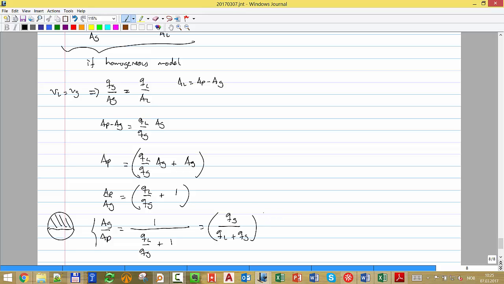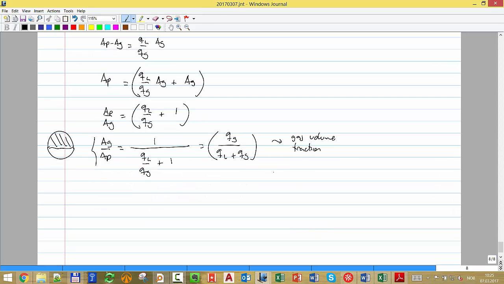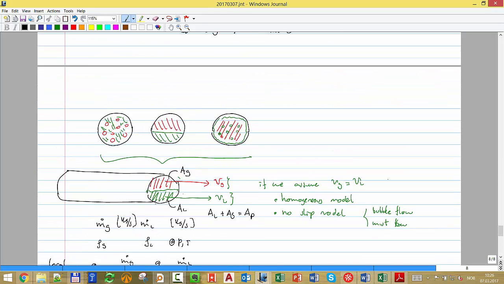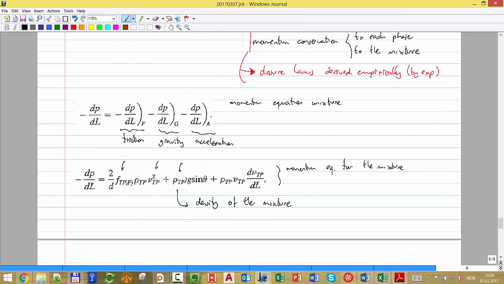So this is what we call the gas volume fraction, which we will also call lambda G. And the density of the mixture is lambda G times rho G plus (1 minus lambda G) times rho L. I can calculate exactly, with my equation before, what the density of the mixture will be.